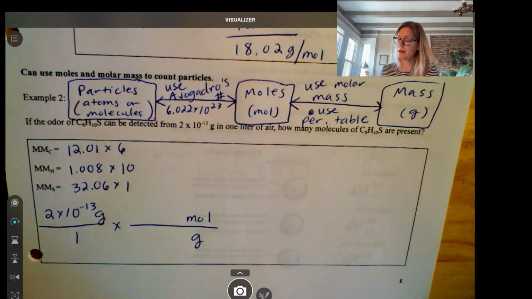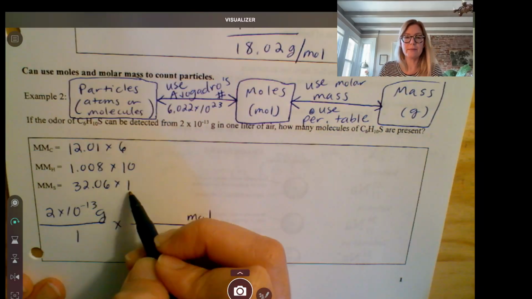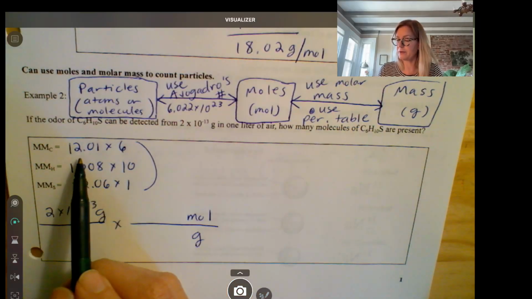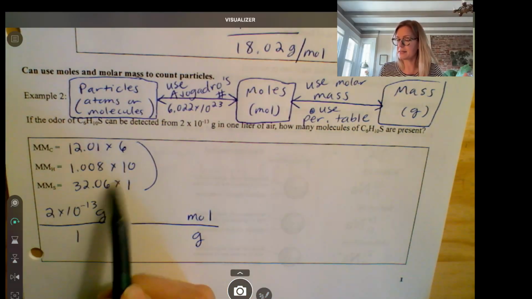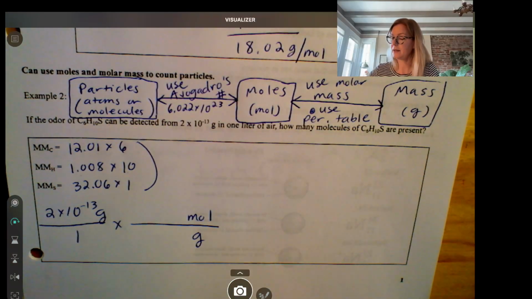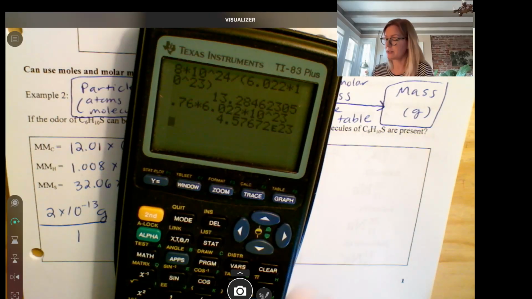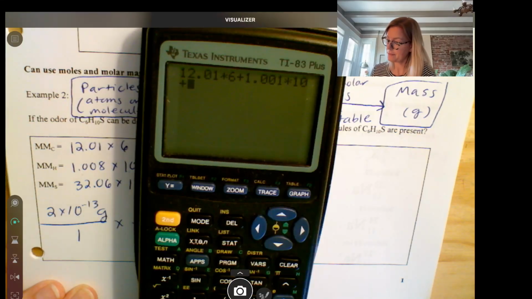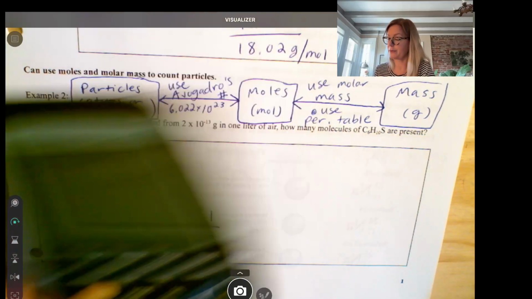So I'm just going to type this all in my calculator in one fell swoop and add them up. 12.01 times 6 plus 1.008 times 10 plus 32.06. Okay, and we get 114.13.